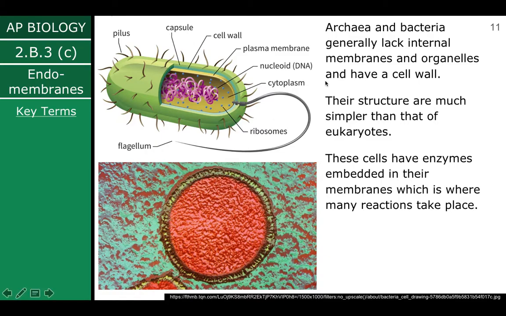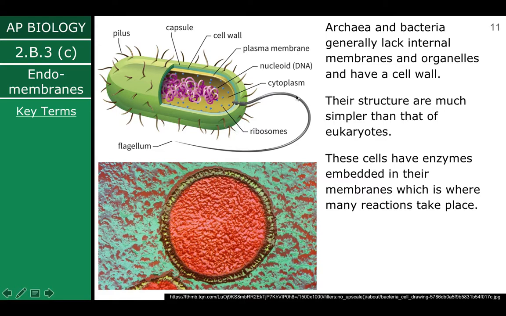Now, in comparison to our eukaryotic cells, our prokaryotic cells, so our archaea and bacteria, usually lack internal membranes and organelles. In addition, they have a cell wall that surrounds them. Their structure is going to be much simpler than eukaryotes because they developed before eukaryotic cells did.